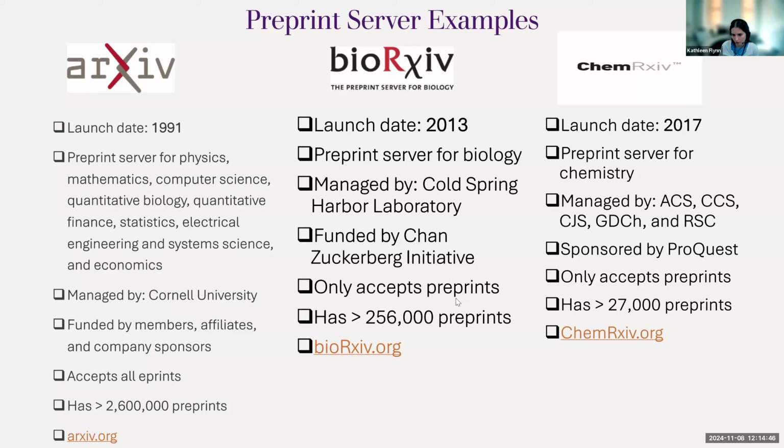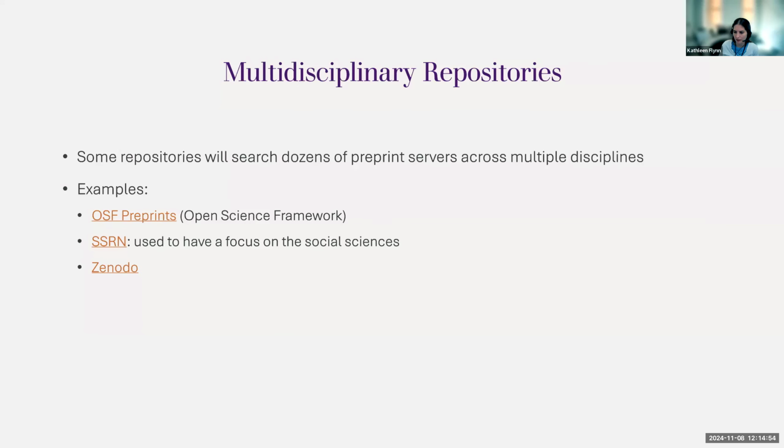Not all preprint servers are as popular as arXiv, but they're becoming a little more popular. And these are some multidisciplinary repositories: OSF, SSRN, and Zenodo. So you could browse those and see if one might work for your work.